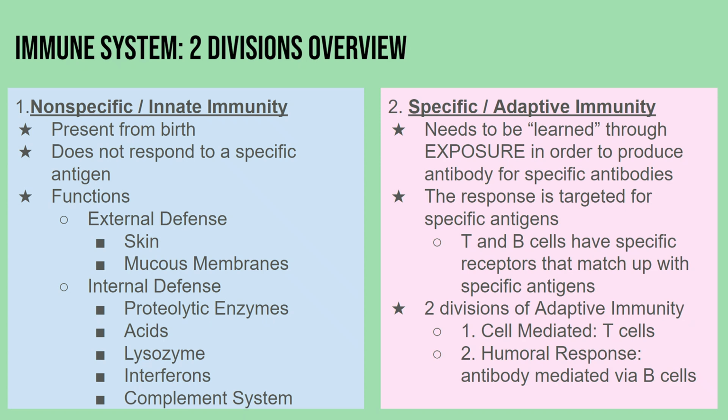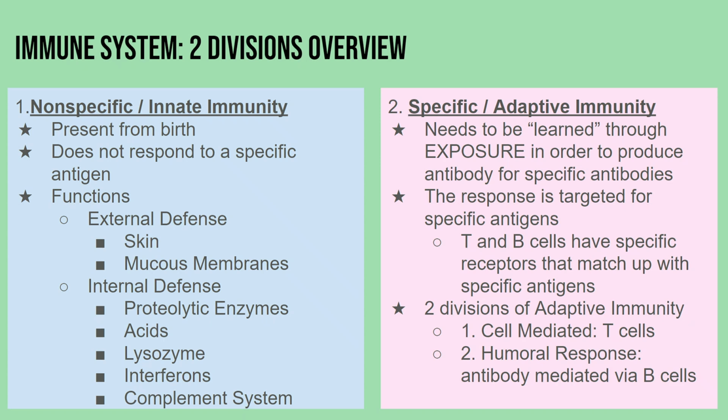If there's a bacteria or virus, the first line of defense is your skin, because it can't automatically enter your circulation. Mucous membranes are another external defense, in your ears, nose, and mouth. It's a sticky substance that tries to get the pathogen to stick to it so it can't enter your body.